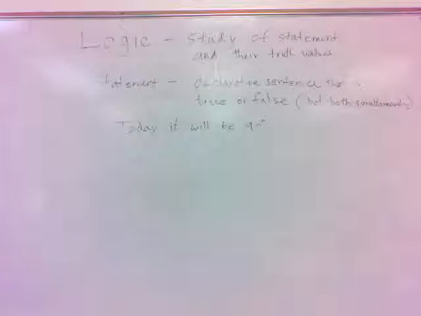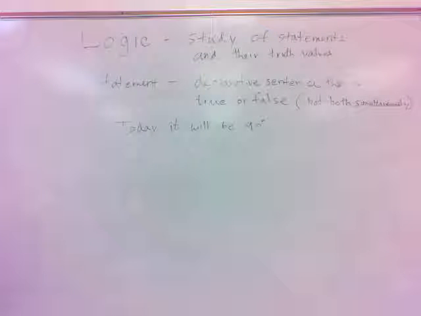What we'll try to avoid is statements that don't have true or false values. Like if I made the statement, paint the room. Okay, that's not true or false, right? Paint the wall, that's a command.